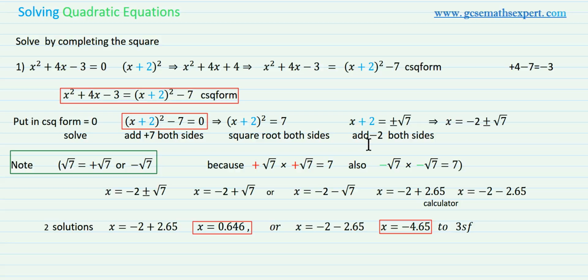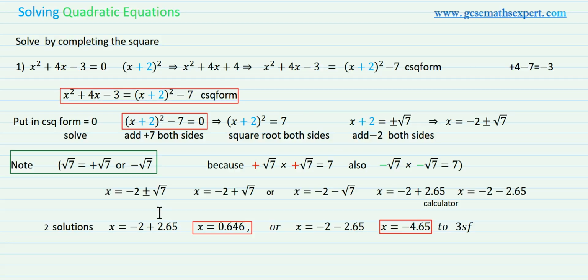Now note that the square root of 7 is equal to the positive square root of 7 or the negative square root of 7, because plus square root of 7 times plus square root of 7 is 7. Also, the negative square root of 7 times the negative square root of 7 is 7. That's why we write plus or minus the square root of 7.